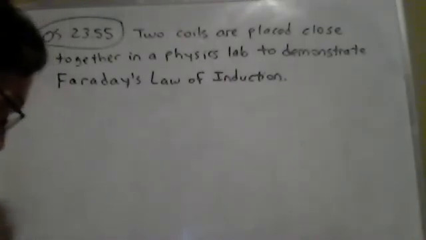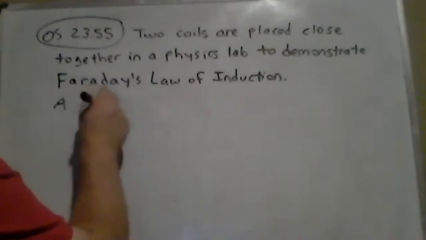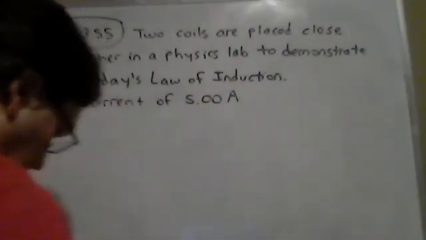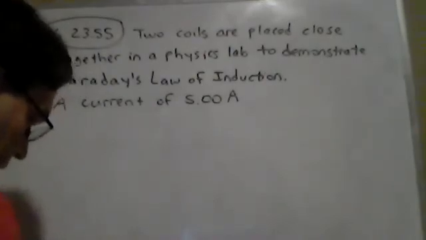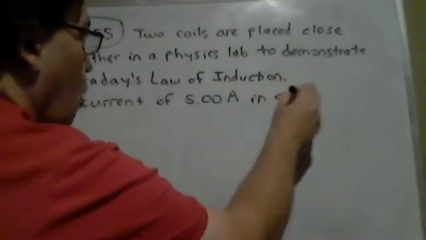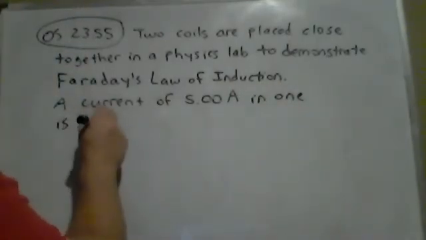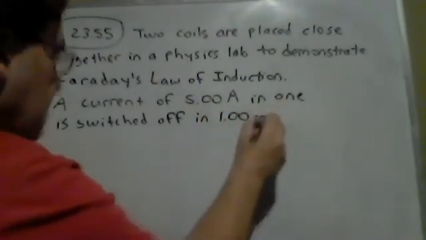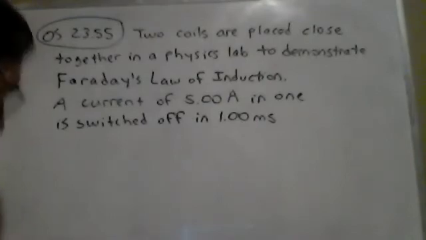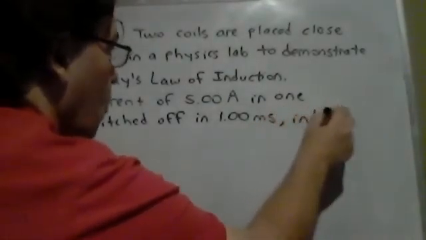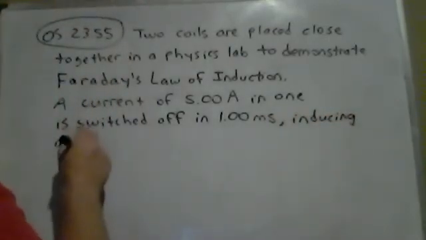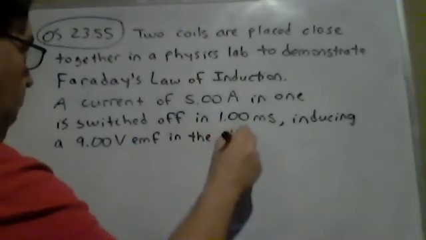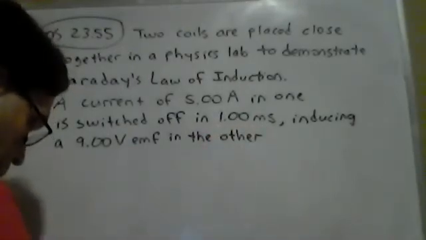All right, so a current of 5.00 amperes in one coil is switched off in 1.00 milliseconds, inducing a 9.00 volt EMF in the other. What is their mutual inductance?